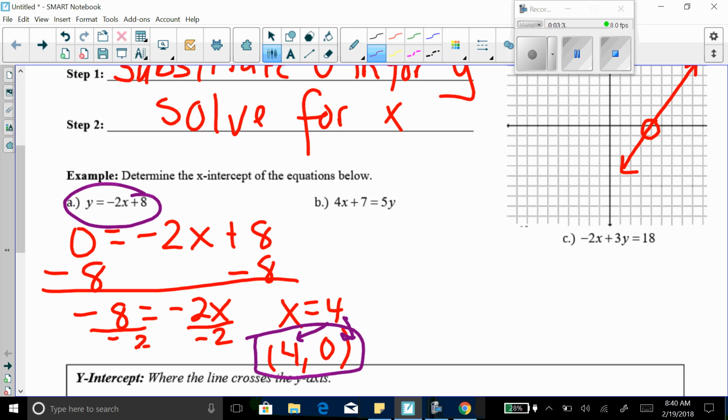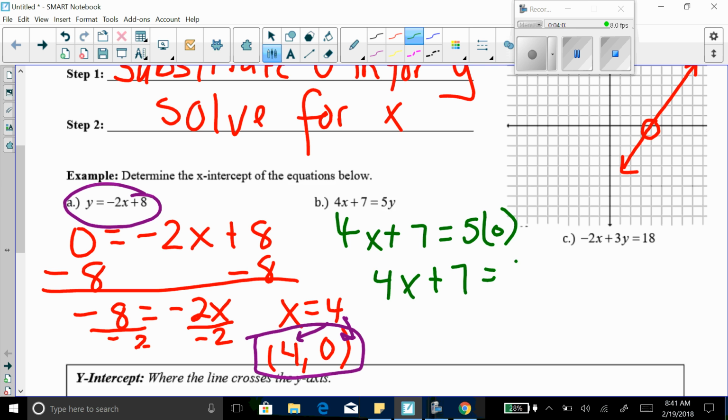So next one, determine the X-intercept of this equation. Well, it says X-intercept, so I want to get rid of my Y and solve for X. I'm going to rewrite my equation, getting rid of my Y, so putting 0 in for Y. Well, 5 times 0 is 0, so we get 4X plus 7 equals 0.